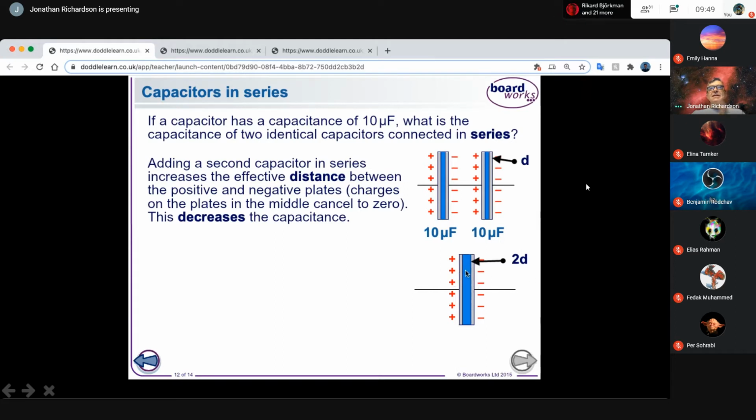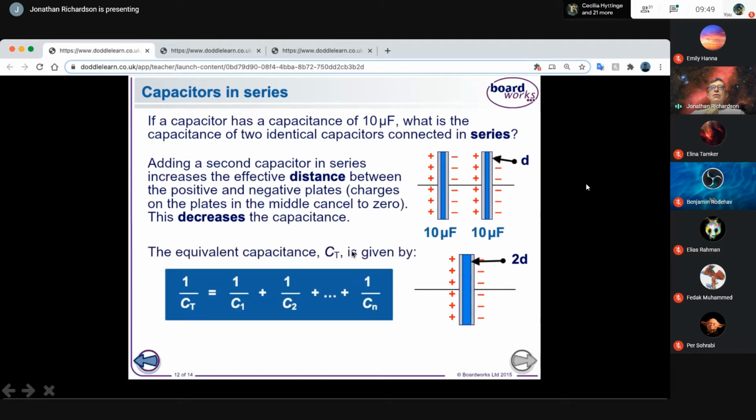Think about it. One of the properties that affected the capacitor was the separation, the distance between the plates. The distance directly reduced the capacitance of this combined capacitor. And the equivalent capacitance this time is given by 1 over Ct equals 1 over C1 plus 1 over C2, and so on, to however many capacitors you have.